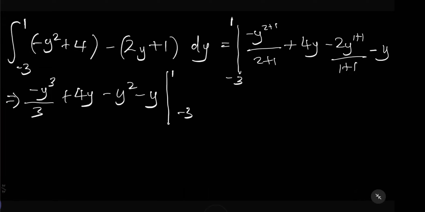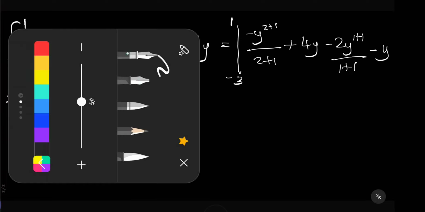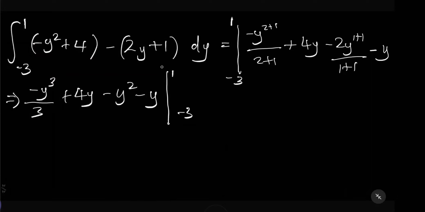So we're going to have to simplify this. First off, I see a common term, plus 4y and minus y, which will give us 3y. So I can rewrite this with 3y.